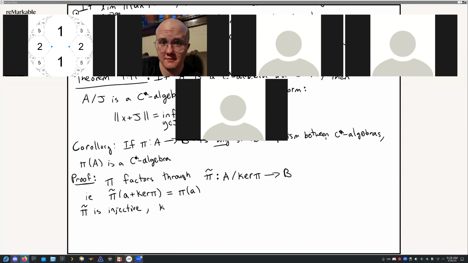Kernel of pi is a closed two-sided ideal. And not that this theorem says it, but you need it, it's also star closed, which is easy to check in this specific case for the kernel of pi.